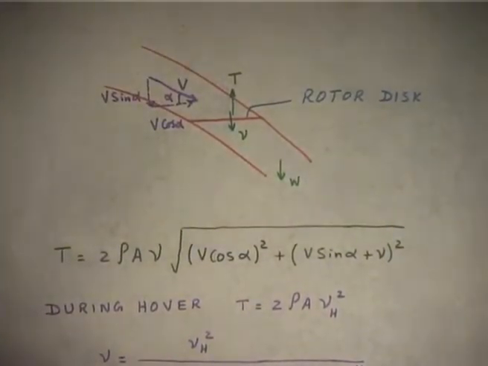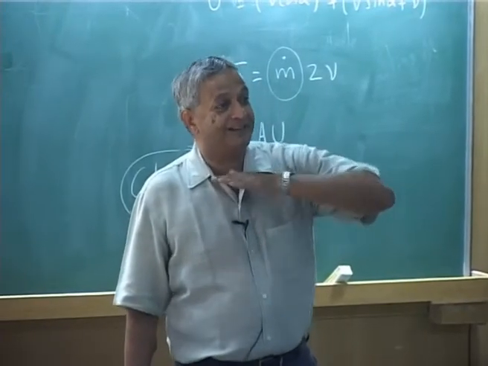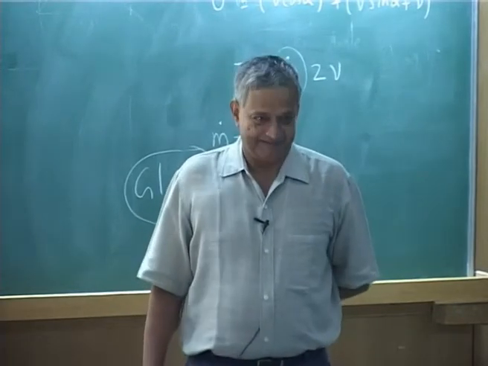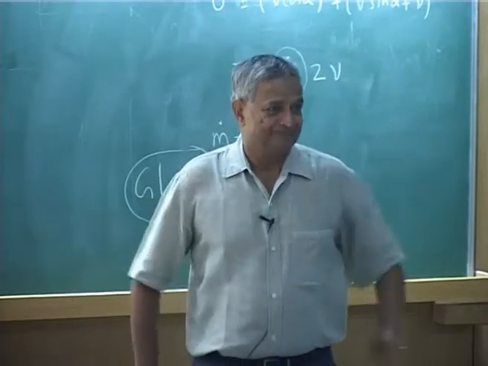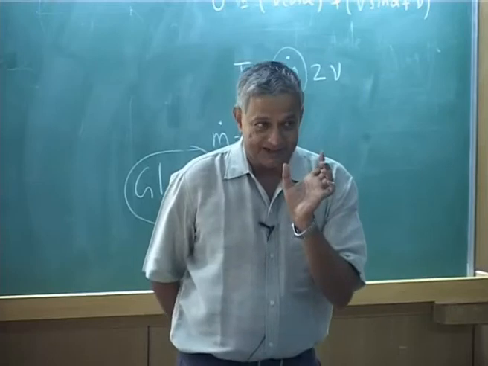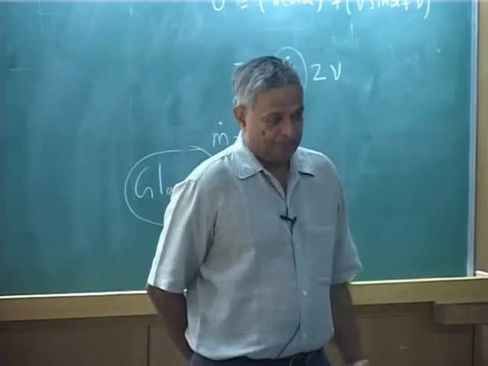When alpha is 90, it is a climb. Alpha is 0 is high speed flight of the disc, because these are all actuator discs, mind you, this is not a rotor system, because momentum theory assumes it is an actuator disc.